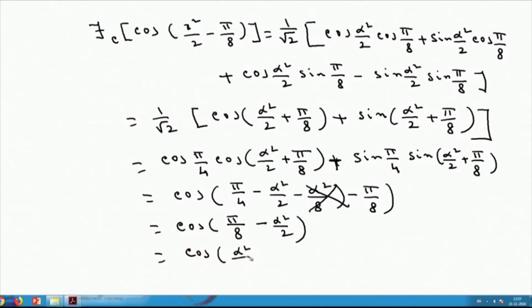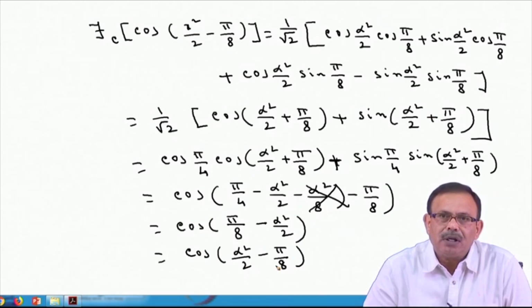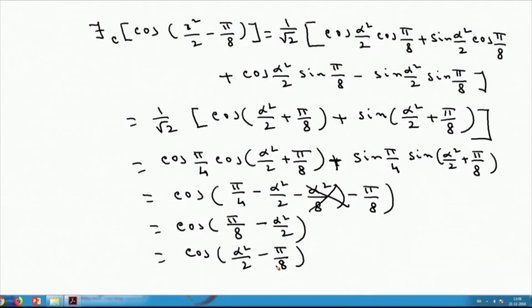So, I can write this as cos of alpha square by 2 minus pi by 8. Therefore, Fourier cosine transform of cos of x square by 2 minus pi by 8 equals cos of alpha square by 2 minus pi by 8, or in other words the function is self reciprocal with respect to Fourier cosine transform, because the Fourier cosine transform of the function is the function itself. So, it is self reciprocal.